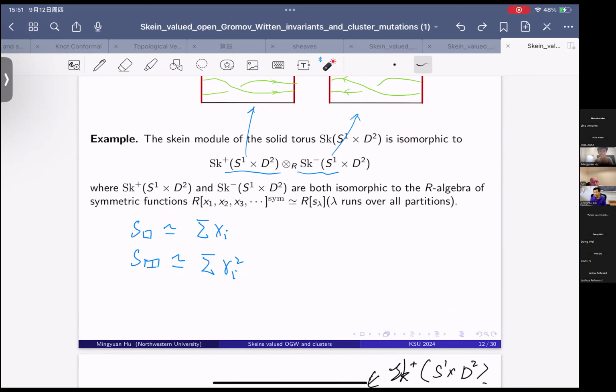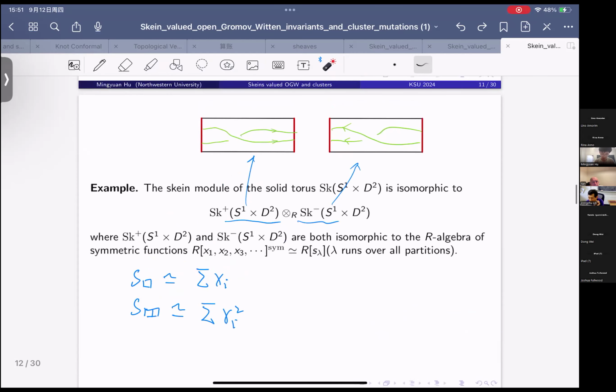Also, if you glue this edge with this edge, then you get a torus, and the skein algebra of that torus is equivalent to the double affine Hecke algebra, which could be viewed as a quantization of the local system on the torus T2. I see.